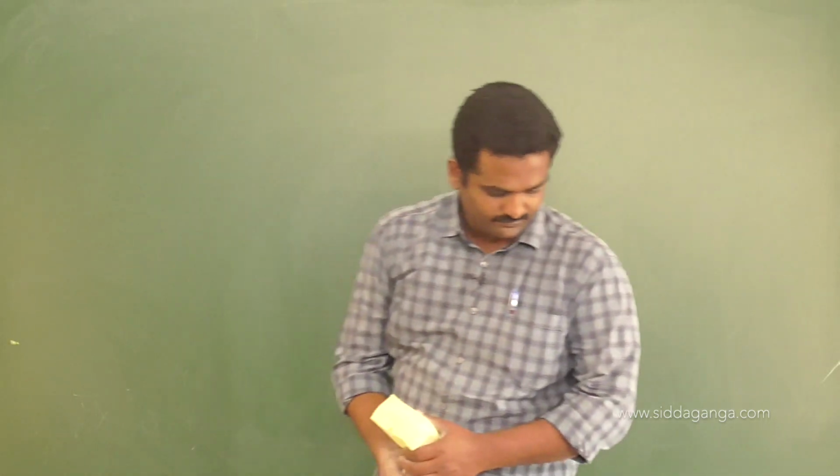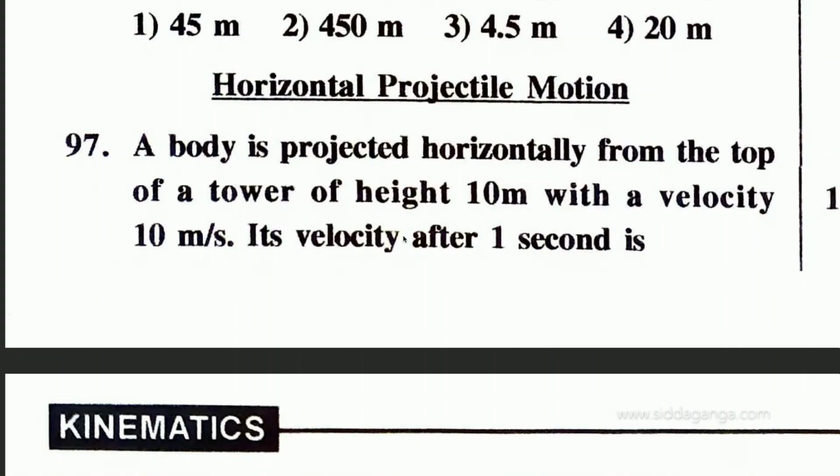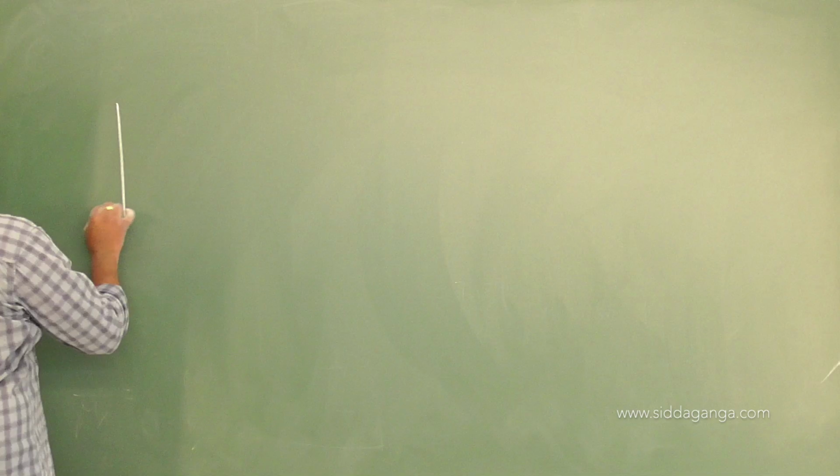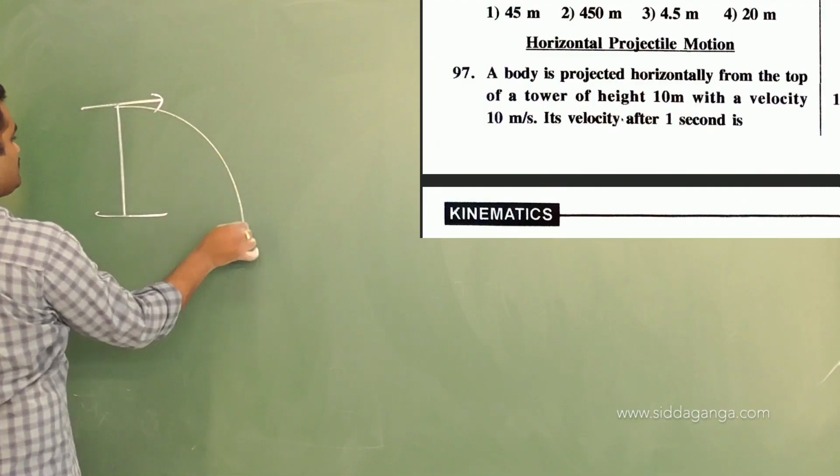Horizontal projection, problem number 97. Just go through that. A body is projected horizontally from the top of a tower of height 10 meters with a velocity of 10 meter per second. Its velocity after 1 second is... this is which projectile?